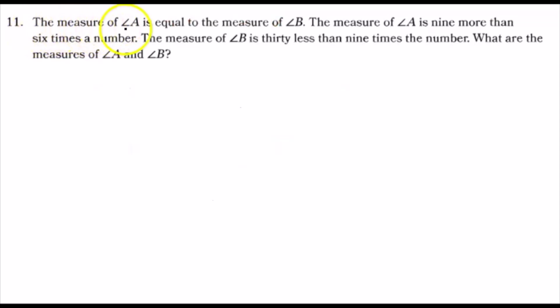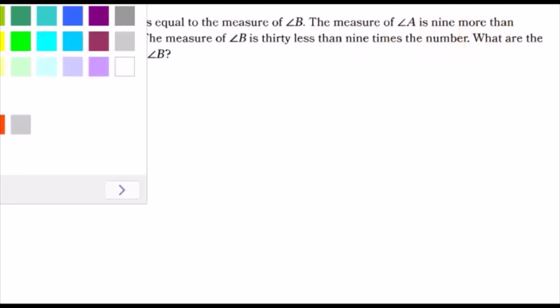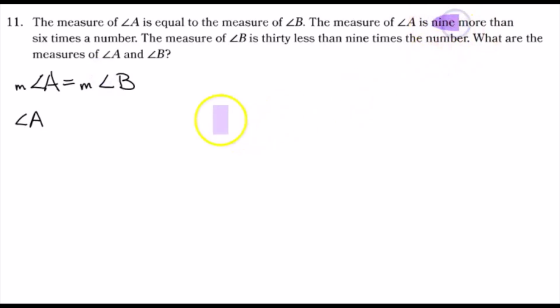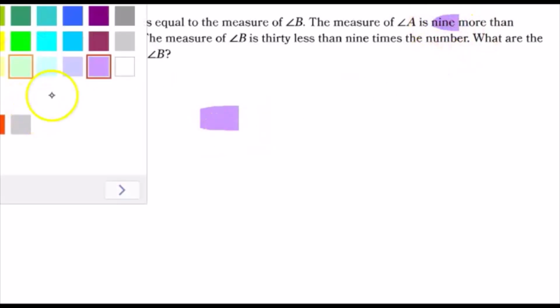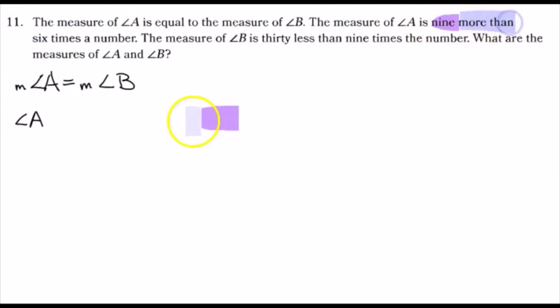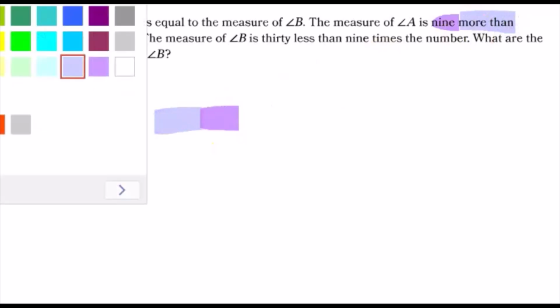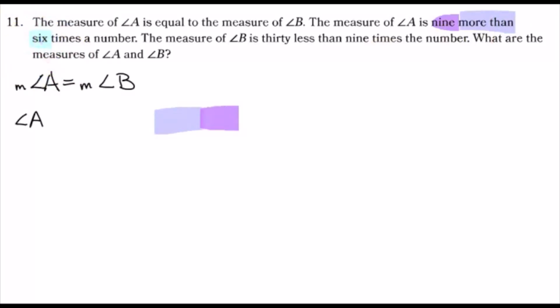So here they're telling us the measure of A is equal to the measure of B. So I'm going to note that measure of A is equal to the measure of angle B. Then they tell me the measure of angle A is 9 more than 6 times a number. So here I'm going to jump into my colors.